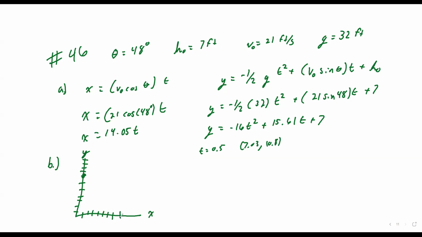So again, 7.03, roughly 10.8, looks like that. And then if I did t equals 1, again going back with that menu 5 1 on, I got 14.1 for my x.